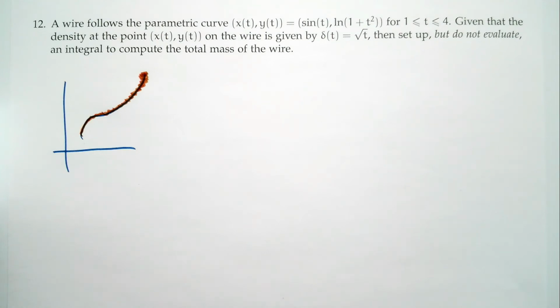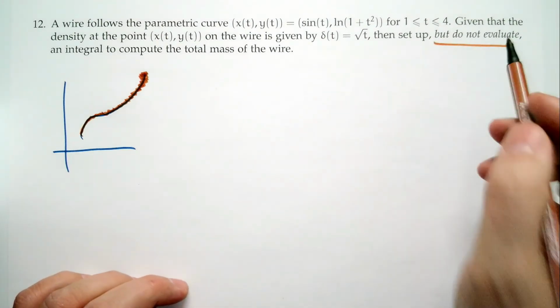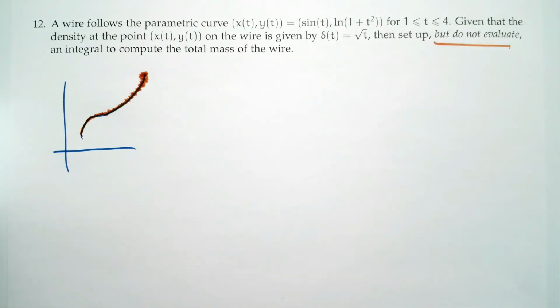Then set up, but do not evaluate, oh, thank goodness, an integral to compute the total mass of the wire. All right. Now, you might say, have we ever done something like this before? Kind of. We have all the pieces. And the question is, do we understand our pieces so we can put them together?